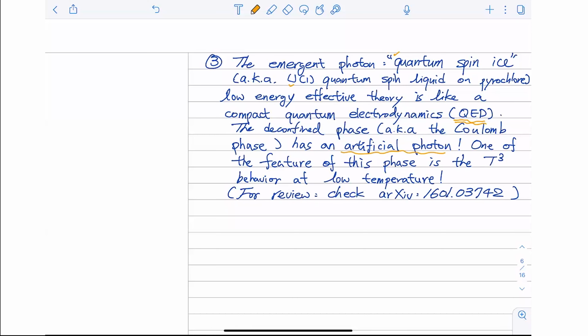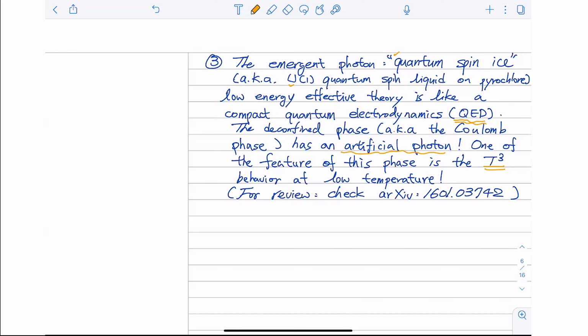And this artificial photon, because of its gapless nature, will actually lead to a T-cubed behavior when you measure the specific heat of this system at low temperature.